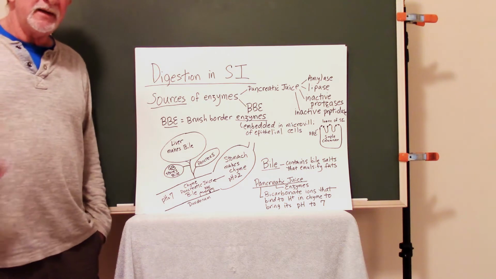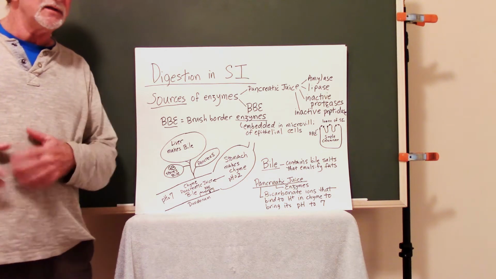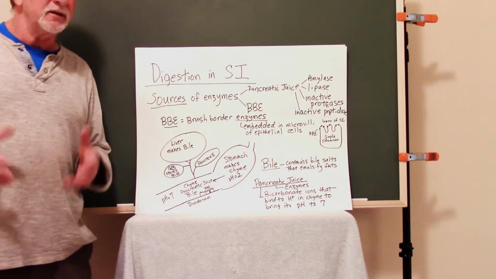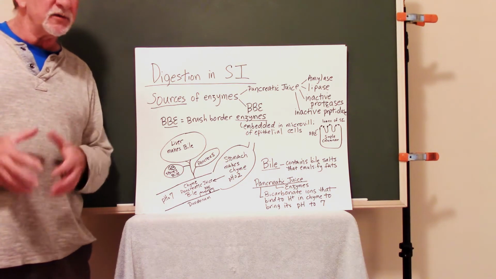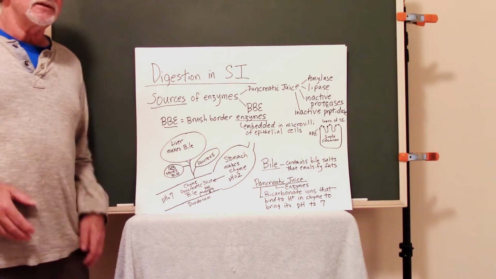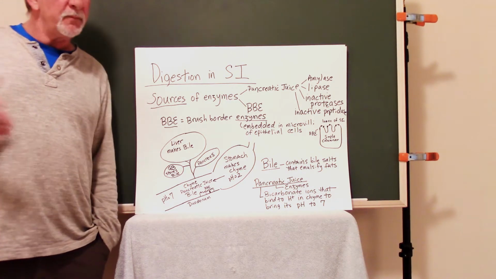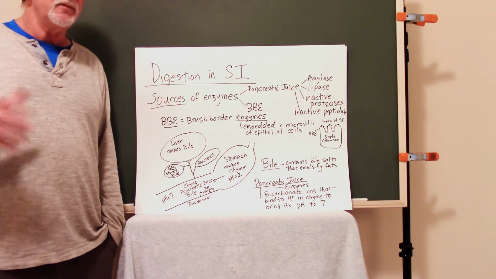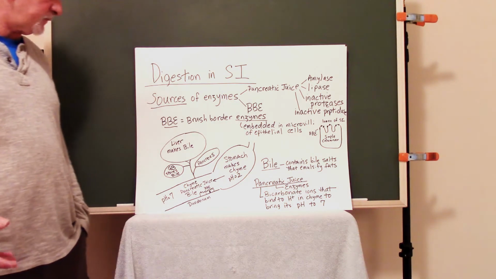And embedded in the microvilli of these columnar cells are enzymes that the columnar epithelial cells make and insert into their membranes. Brush border enzymes are important enzymes that catalyze reactions associated with digestion.